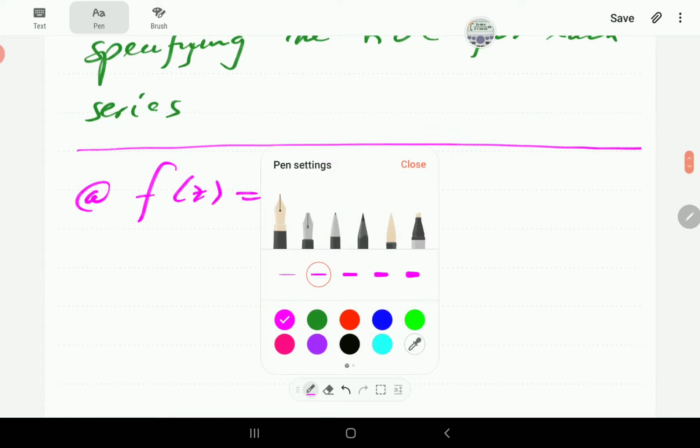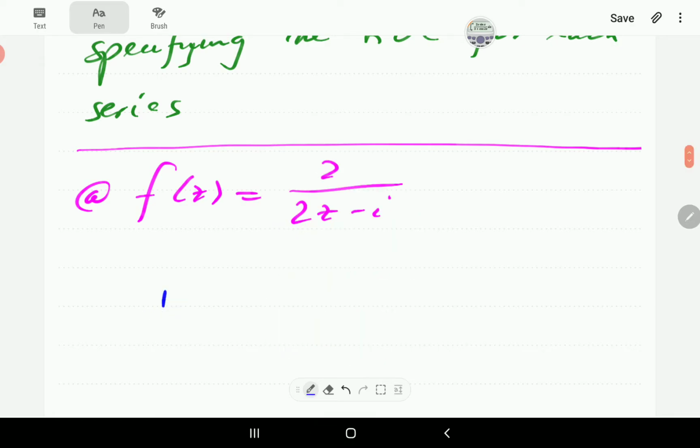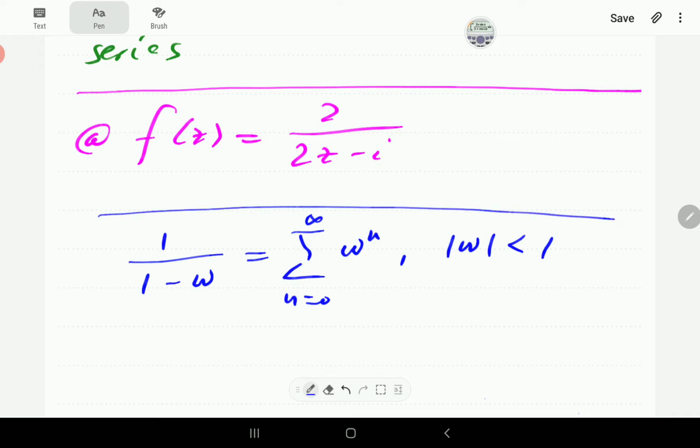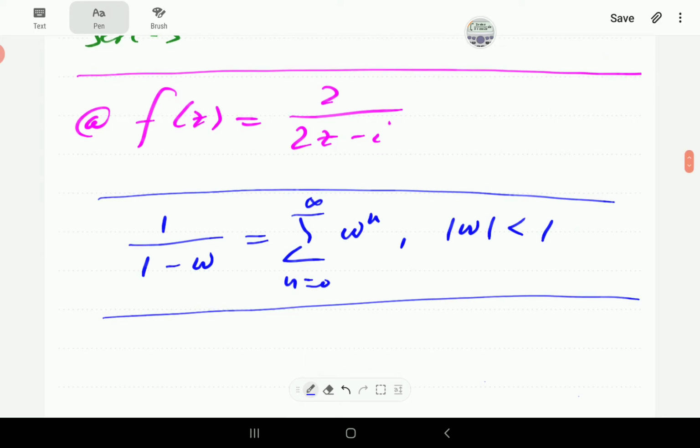Just a reminder, the geometric series result says 1 over 1 minus w is the summation of w to the power n, n goes from 0 to infinity, and the region of convergence for this series is the unit disk centered at the origin in terms of w.